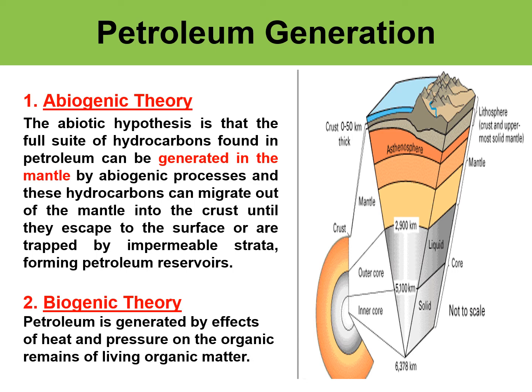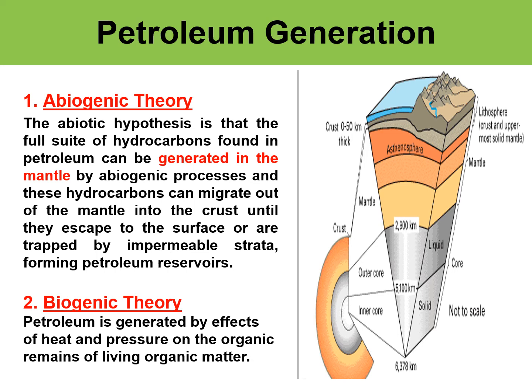First, they thought petroleum generates through the abiogenetic theory, in which the hydrocarbons found in petroleum can be generated from the mantle by abiogenetic processes, and the petroleum then migrates out from the mantle into the crust until it escapes to the surface if there are no traps, or is trapped in the reservoir by the cap rock.